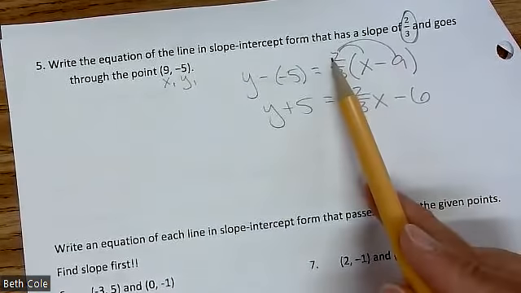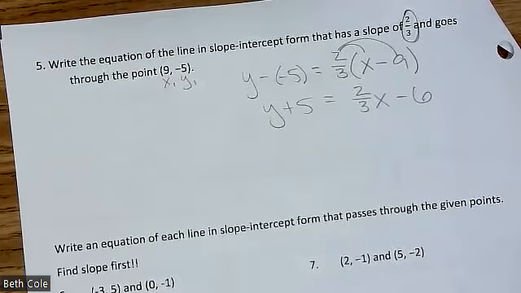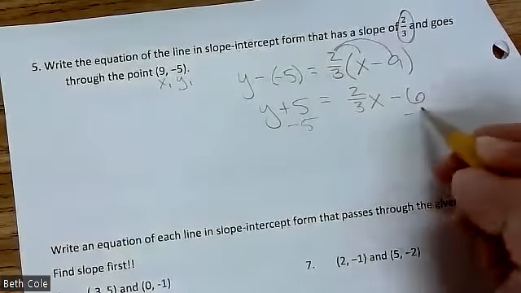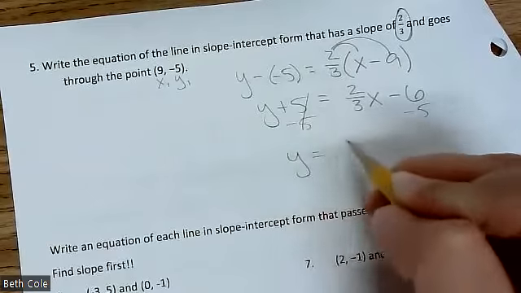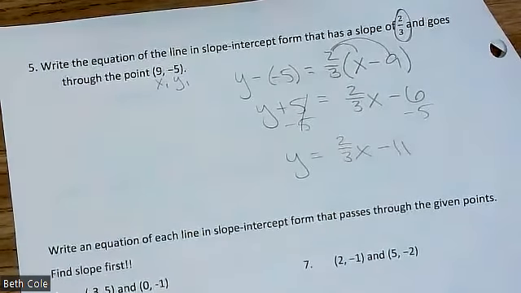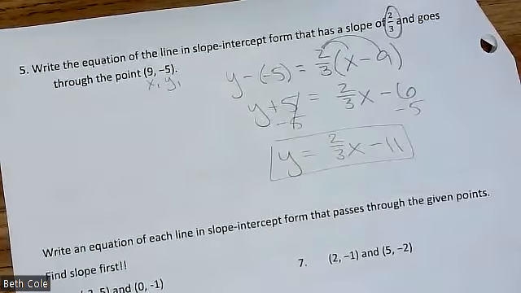It's 9 times 2, which is 18, divided by 3, 6. Anyway, cool. That's cool that you knew that. And then what's your last step to get y alone? Subtract 5. So y equals 2/3 x minus 11. Negative 5 and negative 6 makes negative 11. Weirdly, that and the other problem both came out to negative 11.